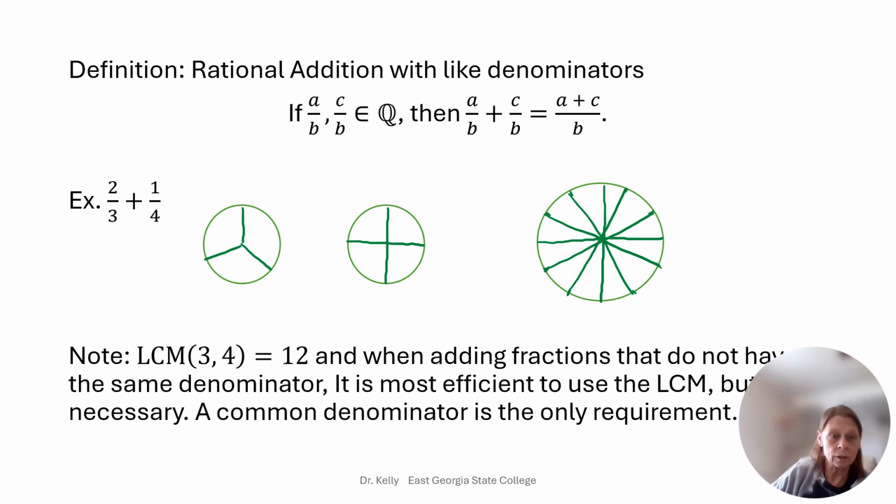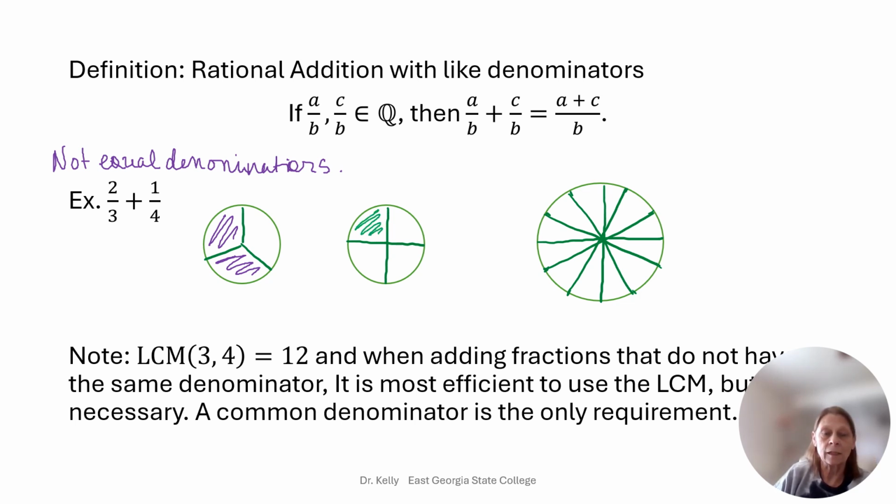So here the denominators are not the same. Okay, so let's look at this. So if this was 2/3 and this was 1/4, how does that translate to put those two together on a model?